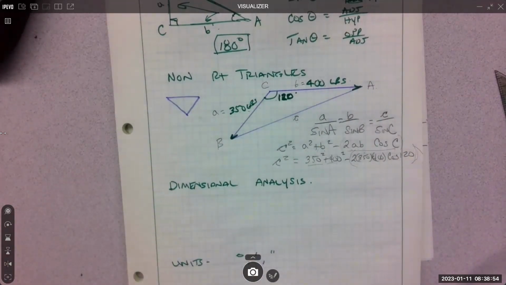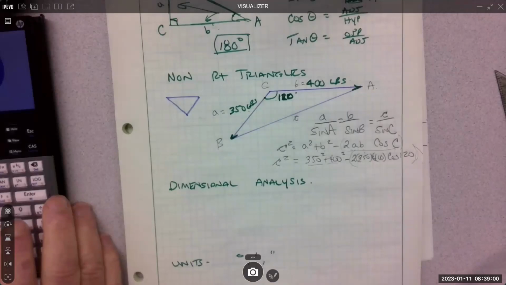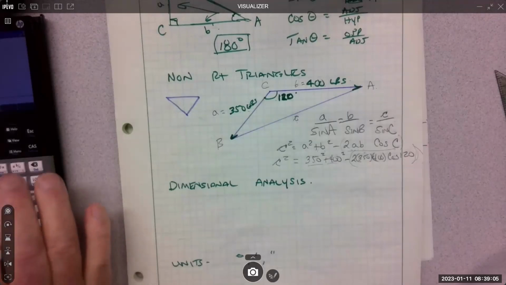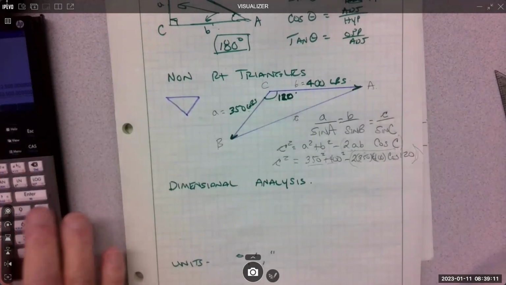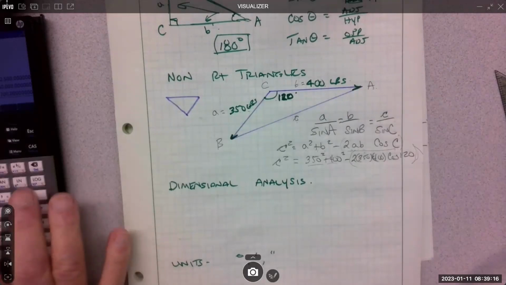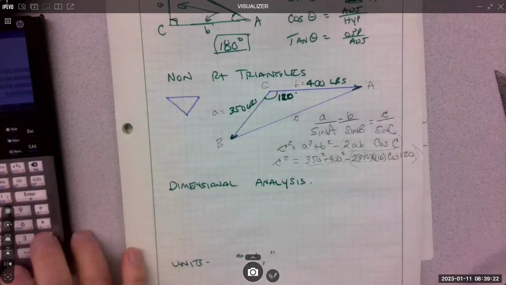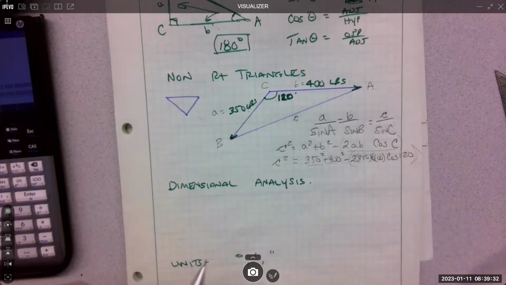All right, grind that one out. And then in the end, you're going to want to take the square root of that to get C equals.